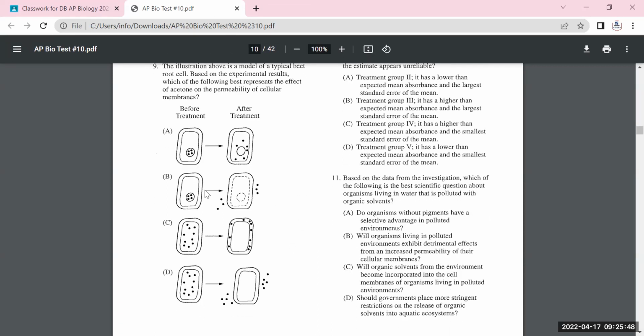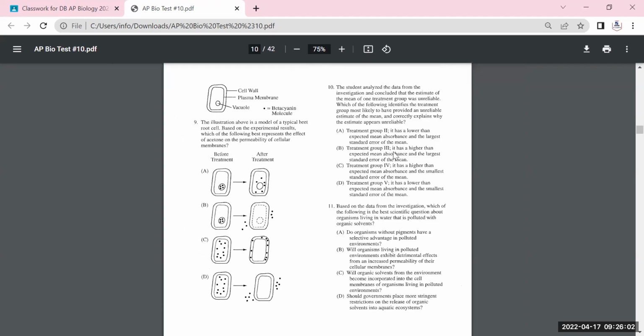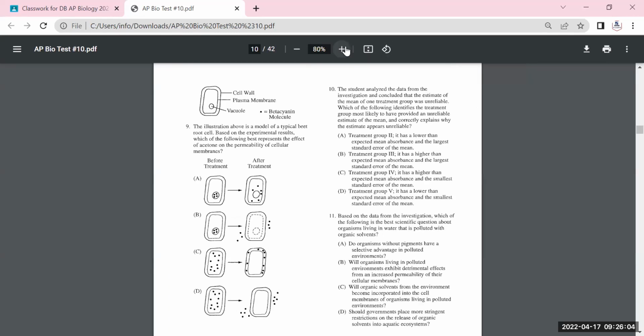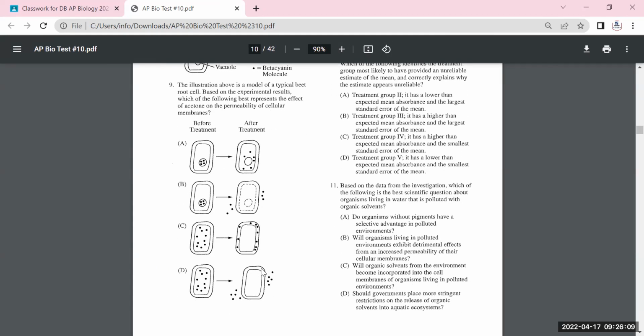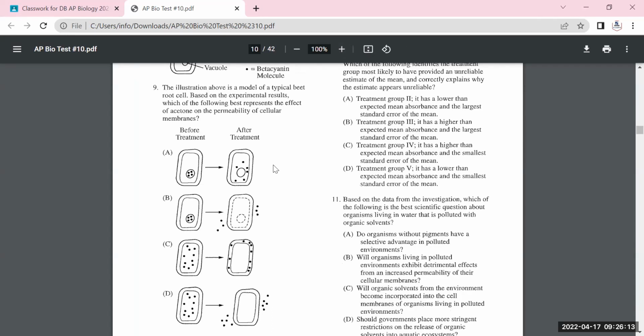Essentially, we know that the image has to have betacyanin within your cell before treatment, and then the betacyanin should move to outside of the cell after treatment. Only a couple of them actually have that. But the second part of it is that it affects the permeability of your cellular membrane.